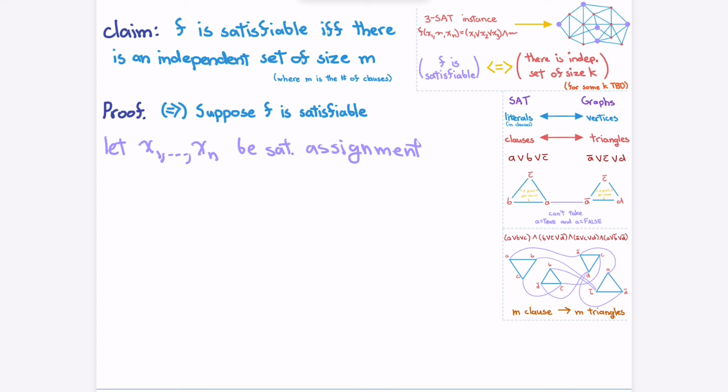Yeah, that's exactly what we're gonna do. Okay, then say, so I think it's understood what the graph is. Now we just have to take our assignment and turn it into an independent set.